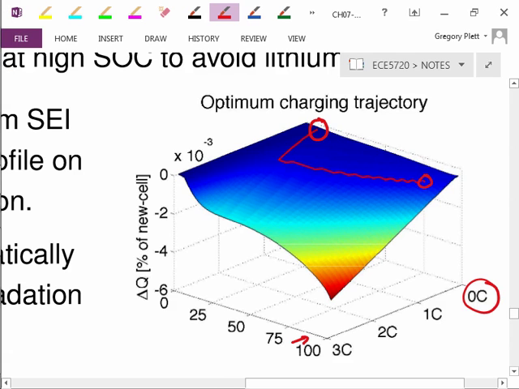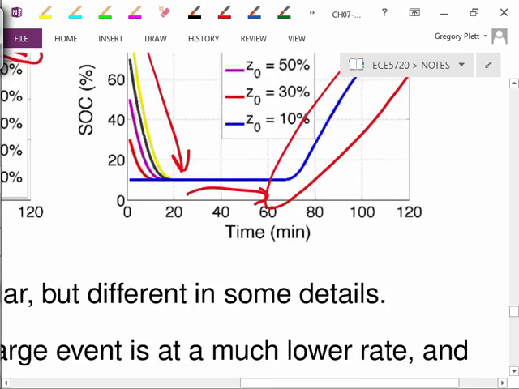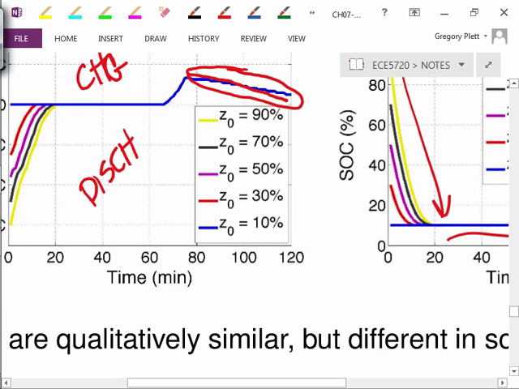And this is kind of a parametric plot, we don't see time on this, but we're actually dwelling at 10% for a rather long time, and eventually around time, say 70 minutes, we start charging, and that initial charge is right here. And if I go back to current versus time, that's this right there.